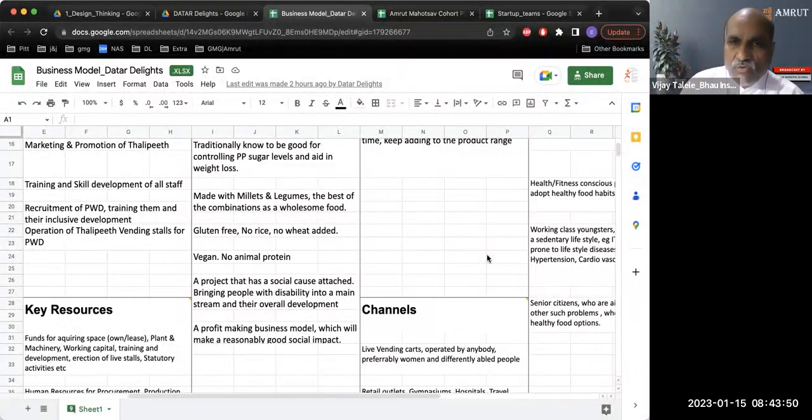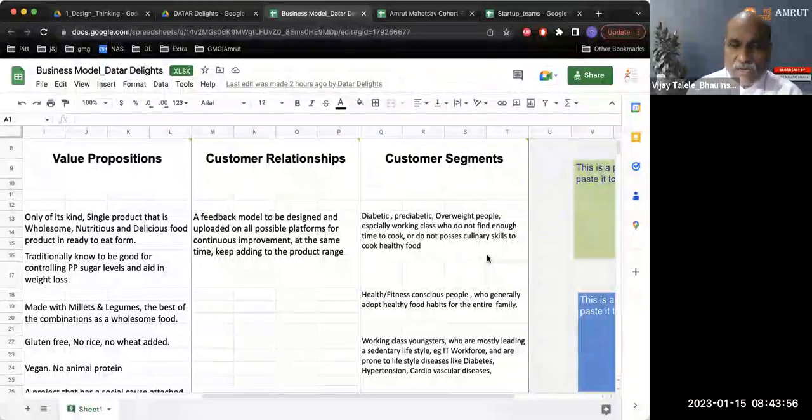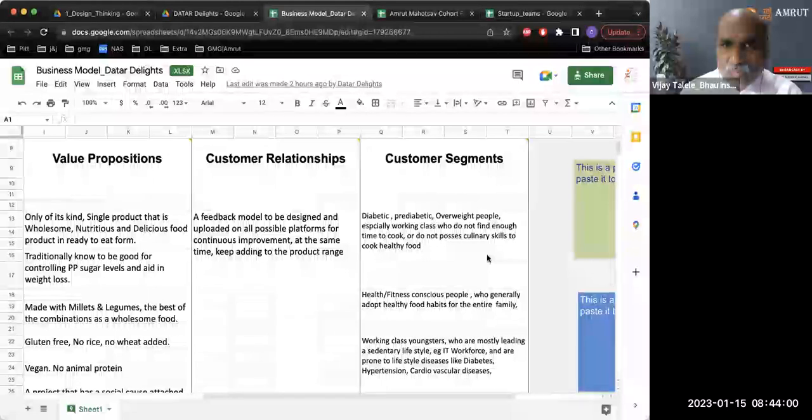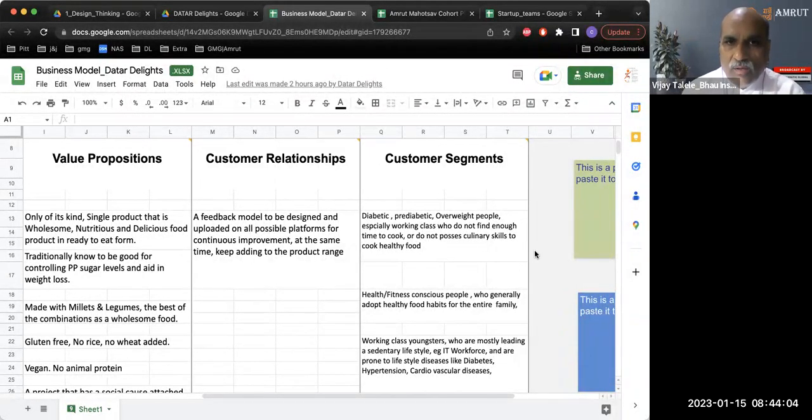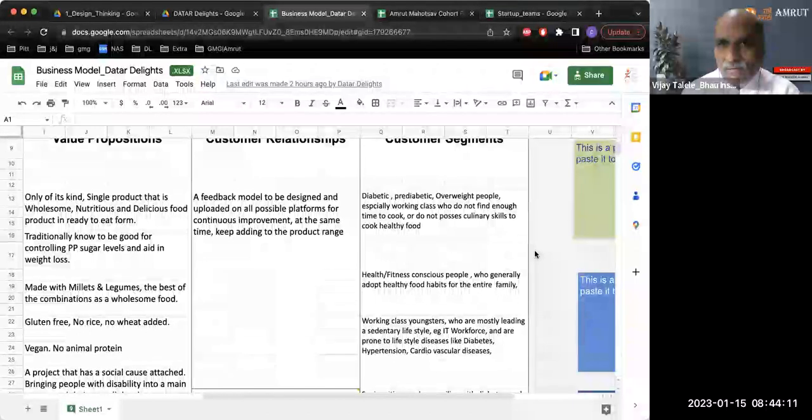Now, can you go to your customer segments? Devratta, if you can move to the customer segments. Yeah, diabetic, pre-diabetic, overweight, especially. Now here you mentioned those who do not find enough time to cook. Is that really an essential part?